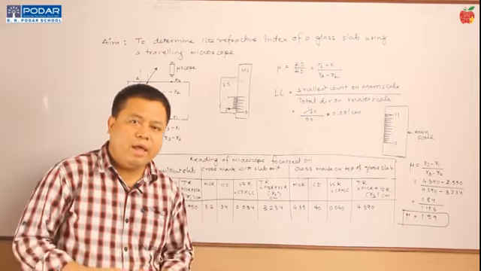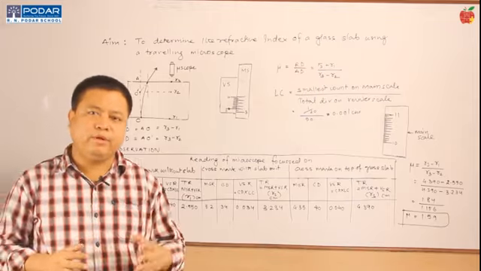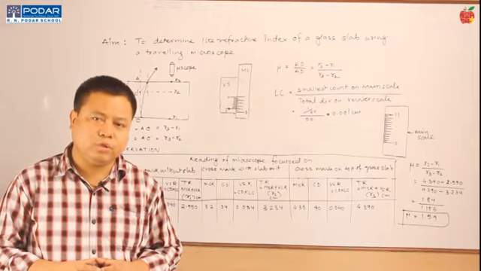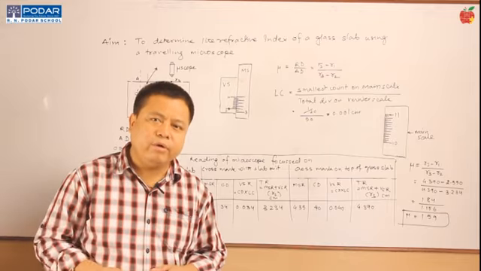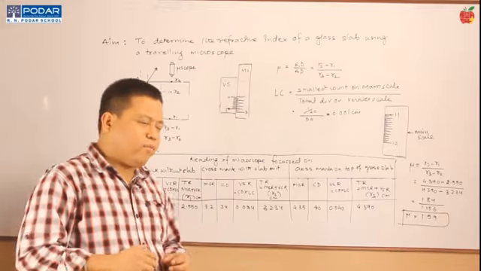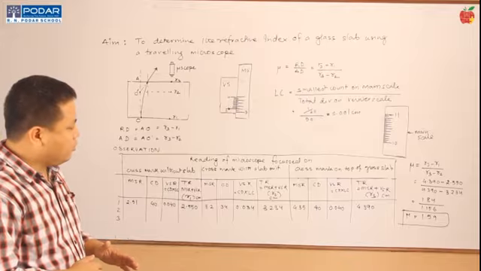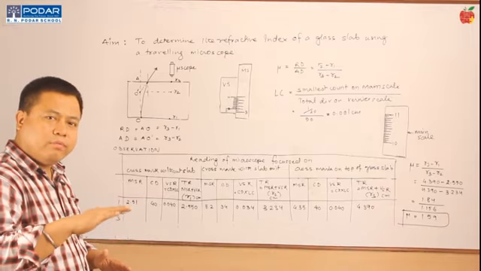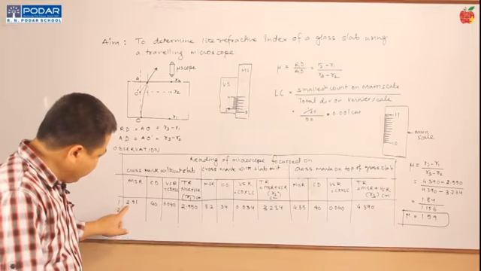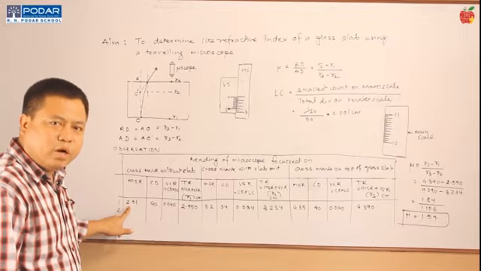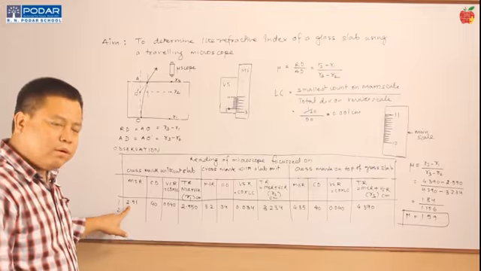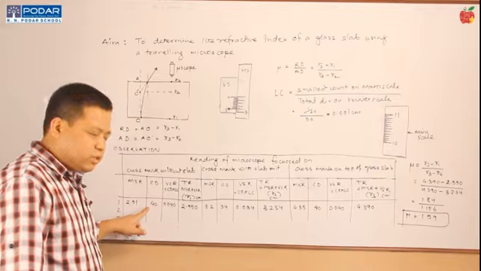As I have shown you how to take the observations in the microscope, I have noted down the readings. When I focus the microscope on the cross mark without the glass slab, my main scale reading was 2.51, and the coinciding division was 40.